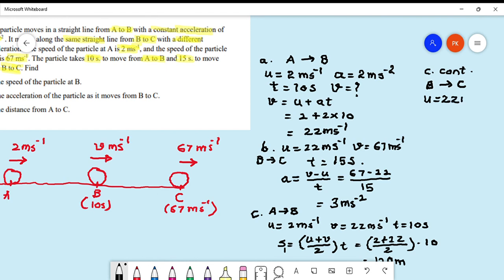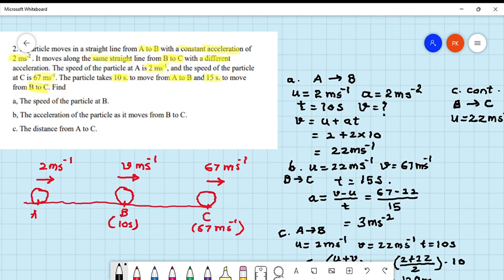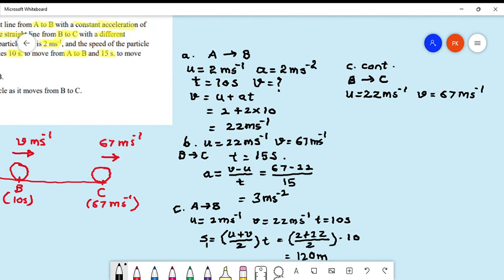What is the v for this journey from B to C? v is 67 meters per second. And the time taken to move from B to C is 15 seconds. So t is equal to 15.